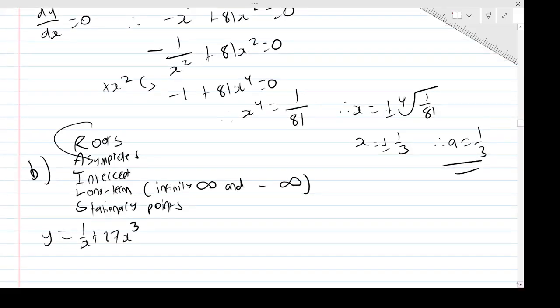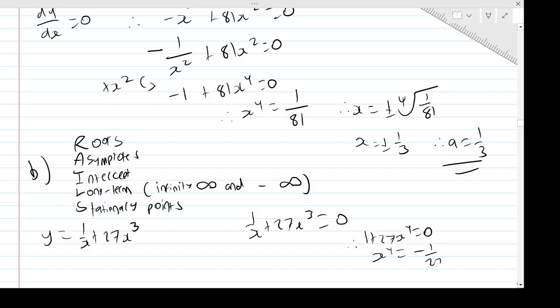The roots, firstly, we need to check by solving the equation equal to 0. So 1 over x add 27x cubed equals 0. So therefore, if we times by x, we get 1 add 27x to the 4 equals 0. So then x to the 4 would be negative 1 over 27.